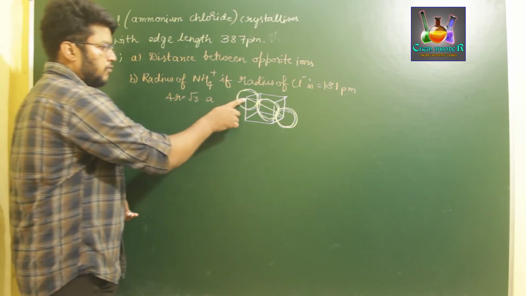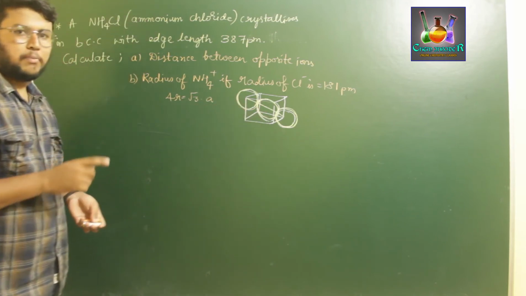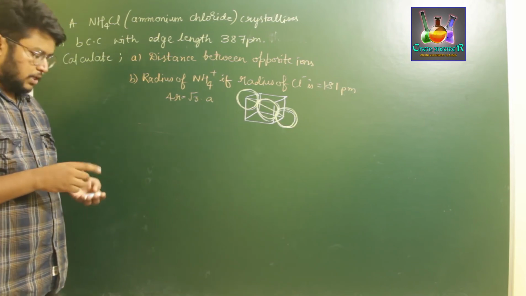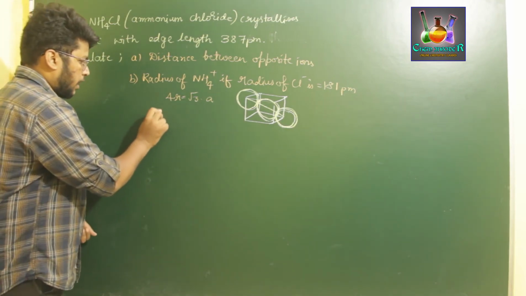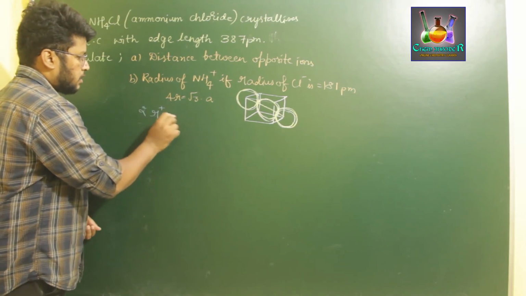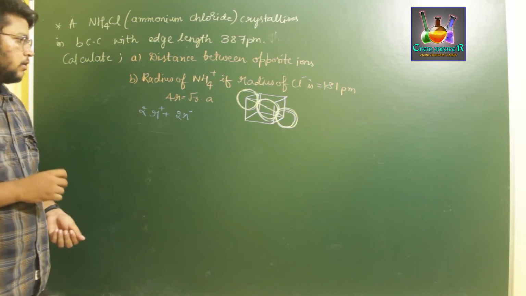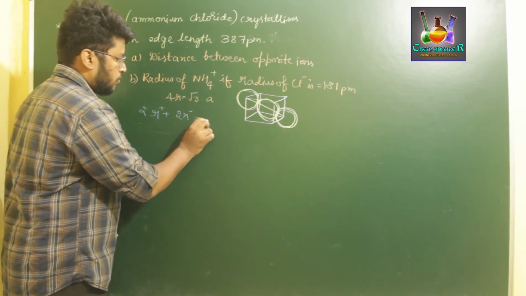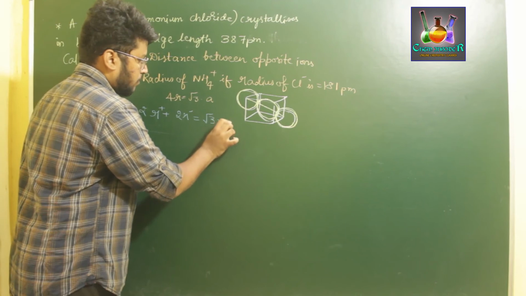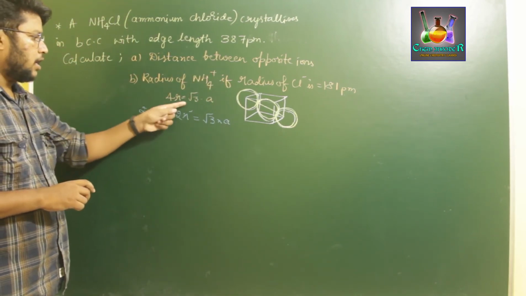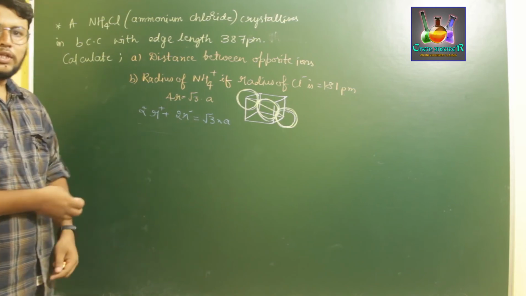That means 4r can be the same as 2r plus and 2r minus, that is, the radius of 2 cations plus the radius of 2 anions is equal to 4r, which equals root 3 into a. So 2r plus plus 2r minus is equal to root 3 into a.